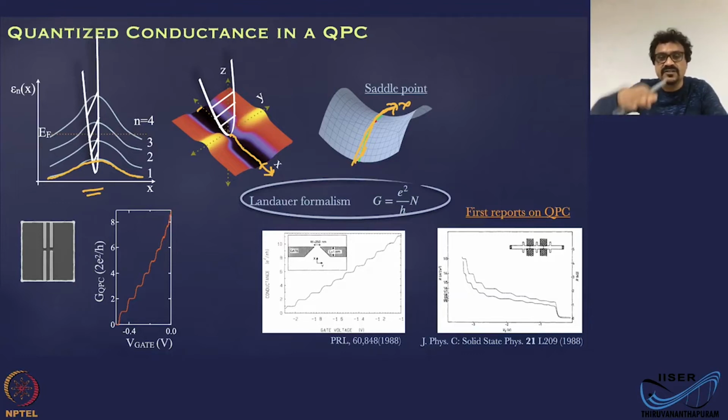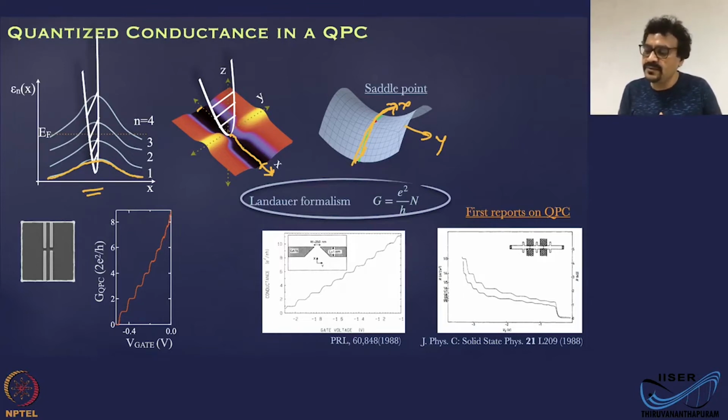Then this will split into the one-dimensional subbands whose energy is given in the previous slide. So you have a parabolic confinement at the constriction. Not only that, you also have a saddle shape potential, and this is along the y direction.